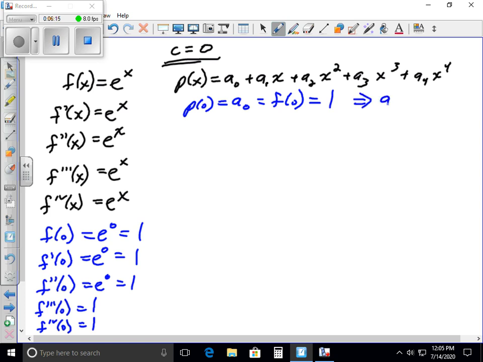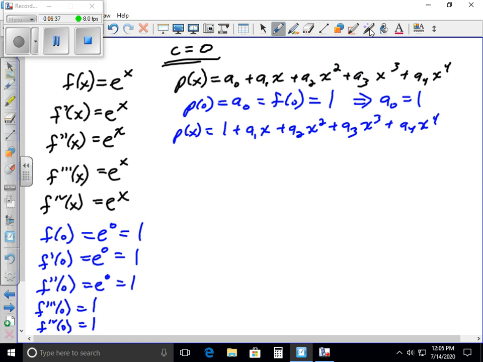So that means a sub 0 is 1. So our polynomial to this point is 1 plus a sub 1 times x plus a sub 2 x squared, a sub 3 x cubed, a sub 4 x to the fourth.